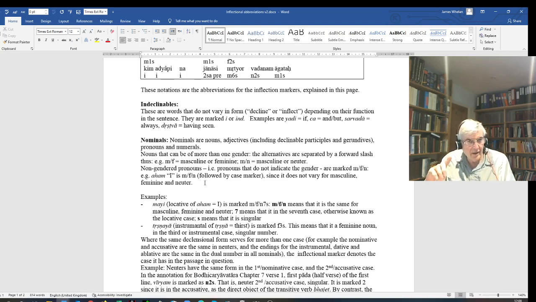So if the speaker is male or female, they'll both refer to themselves as aham. And in we, the two of us, avam, for example, in Sanskrit, that doesn't distinguish between masculine and feminine.